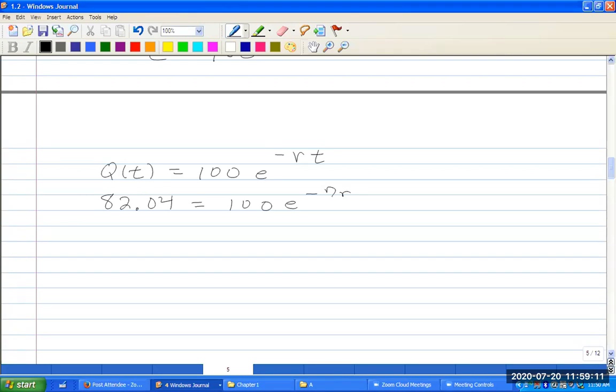So divide both sides of your equation by 100. We get 0.8204 equals e to the minus 7r. Take ln of both sides of your equation. ln of e to an exponent is just that exponent.